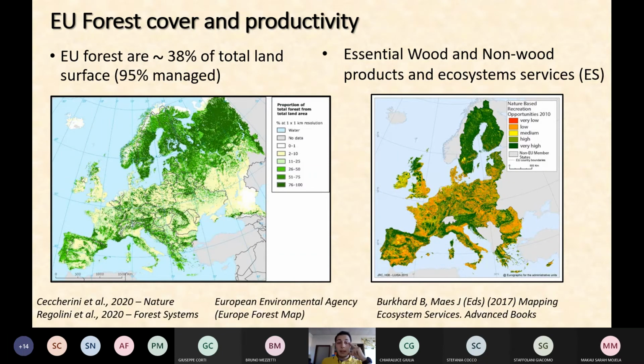All forests provide essential products and ecosystem services, as for example, in the picture shown below, the nature-based recreation opportunities that forests create.